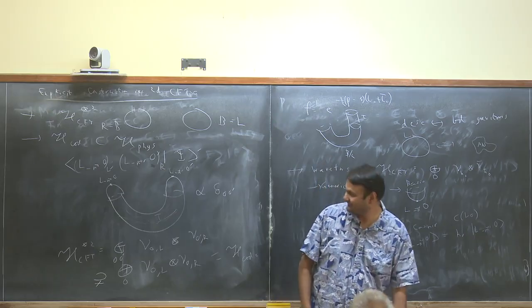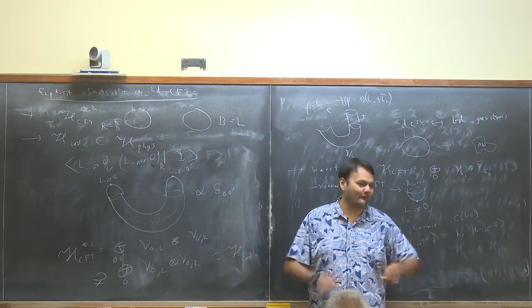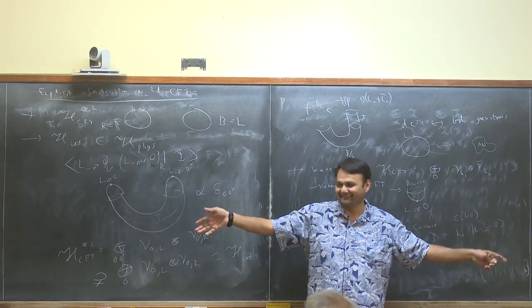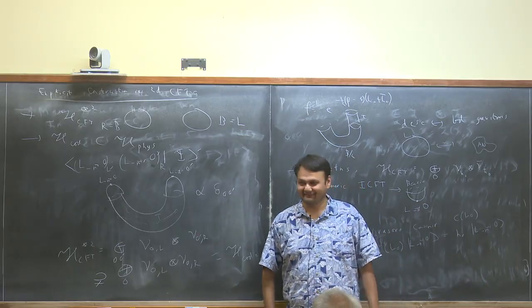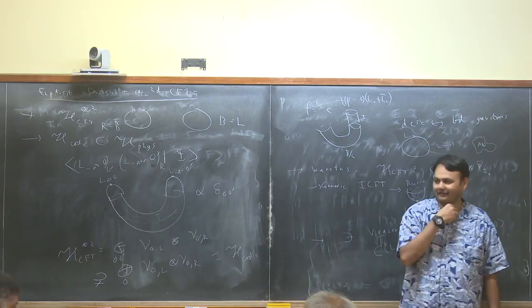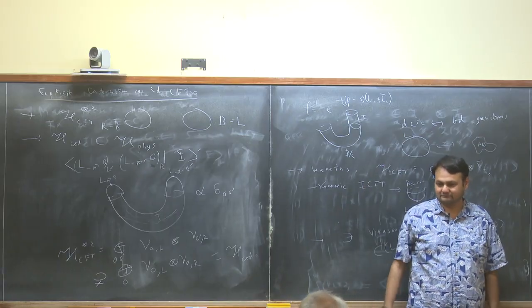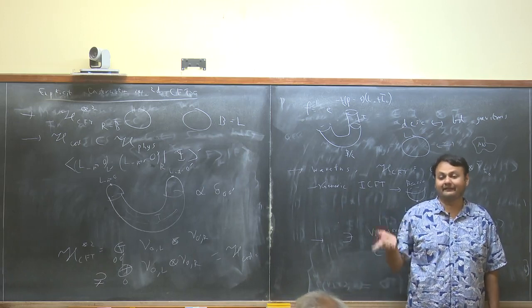No, the code subspace is constructed by the action of V. But the original state we started with had all primaries in it, because it's a thermofield double. His point is the thermofield double automatically is O with O, including all descendants, but the same descendants on both sides.